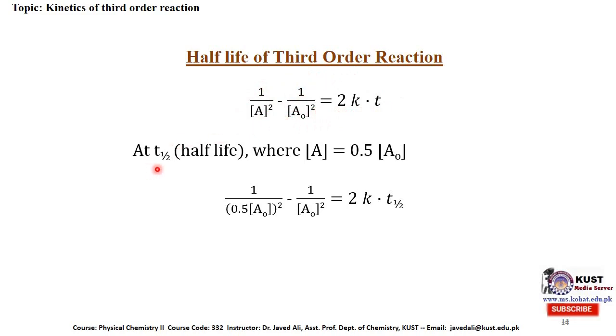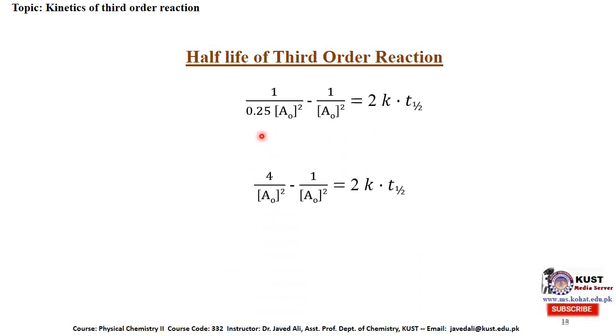So at half-life, where a is equal to 0.5 a naught, by putting the value of a at half-life, we get the following equation: 1 divided by (0.5 a naught) square minus 1 divided by a naught square is equal to 2k half-life. We know that 0.5 square is equal to 0.25. So now the equation is 1 divided by 0.25 a naught square minus 1 divided by a naught square is equal to 2k half-life.